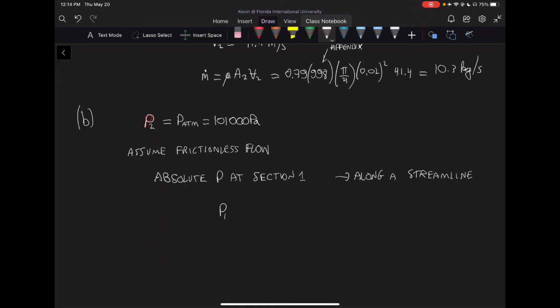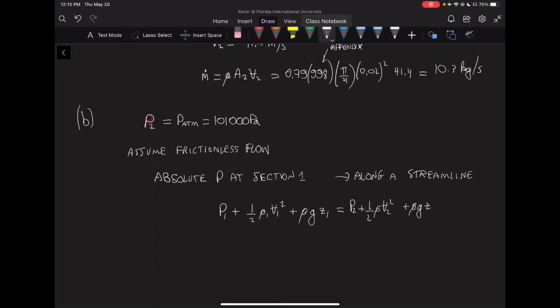So we have P1 plus 1/2 rho V1 squared plus rho g Z1 is equal to P2 plus 1/2 rho V2 squared plus rho g Z2. Remember, our Bernoulli equation can be rewritten in multiple ways.